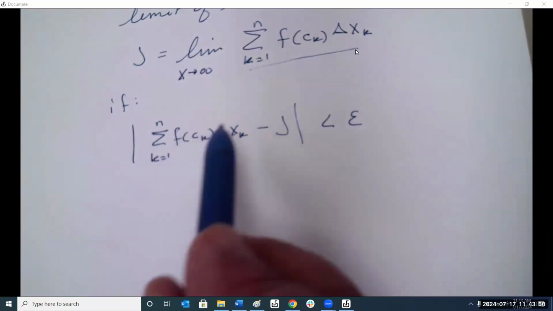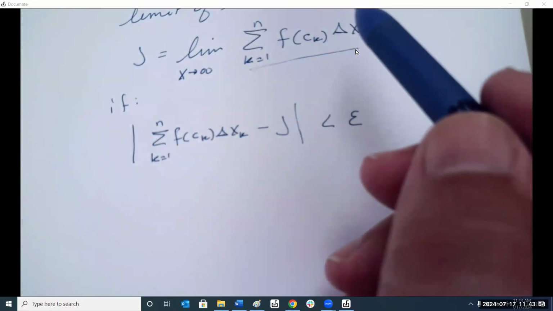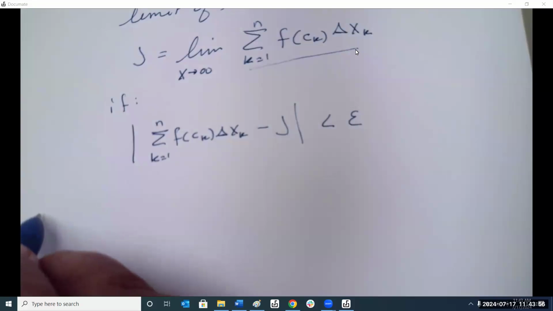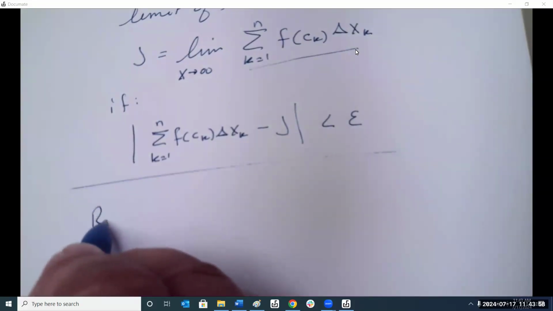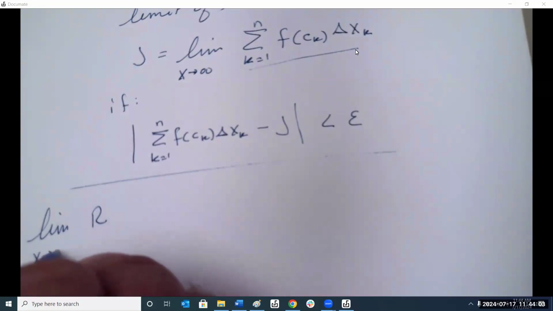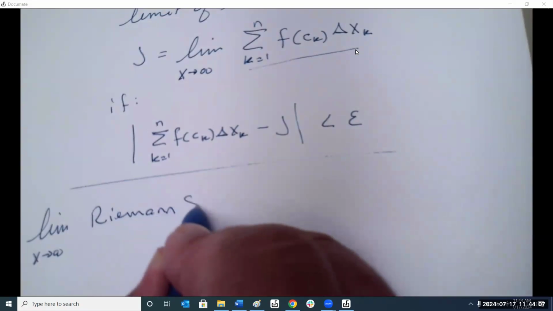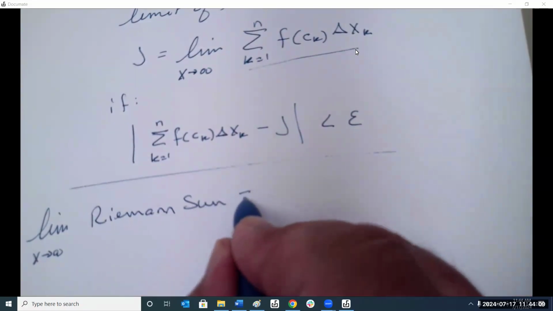And what does this find for us? What does the limit of the Riemann sum find for us?